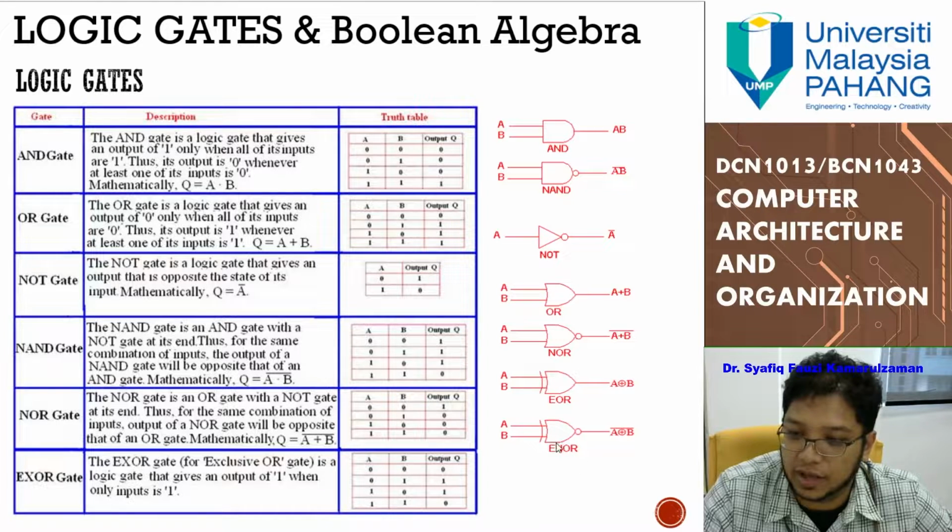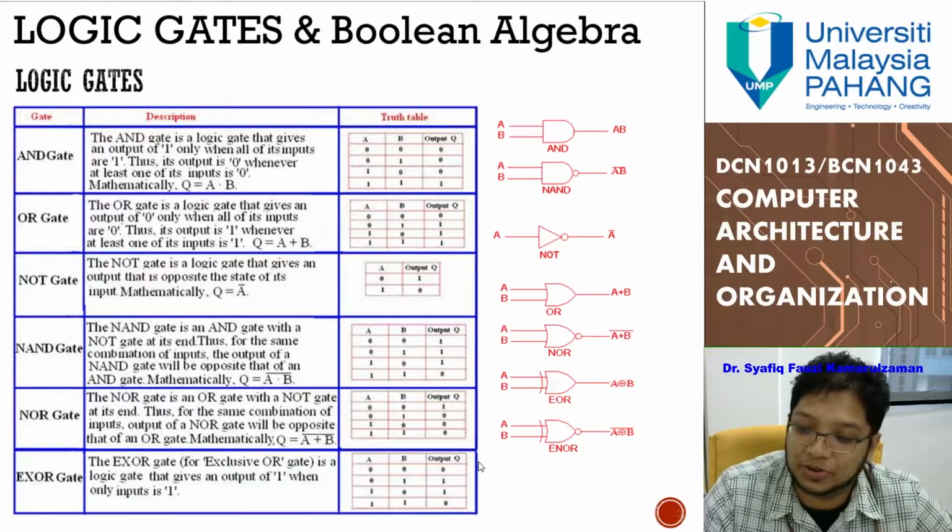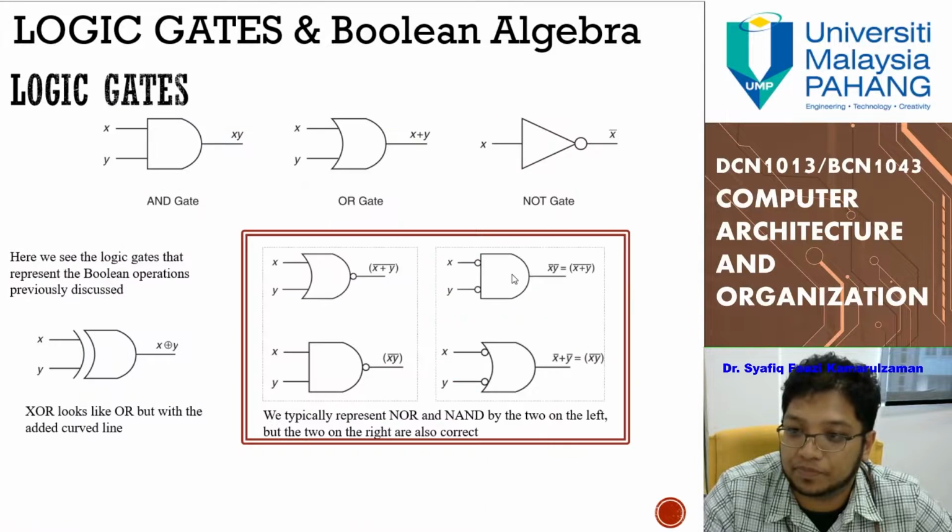Then we have the XNOR gate, which is just the opposite of the XOR gate. So if an XOR gate gives 0, 1, 1, 0, the XNOR gate gives 1, 0, 0, 1. This is the basic set of logic gates you need to remember.